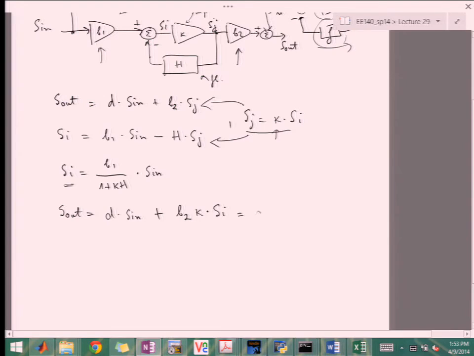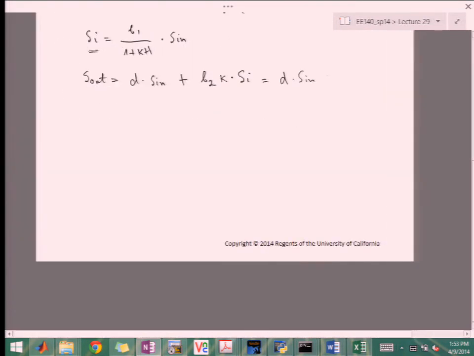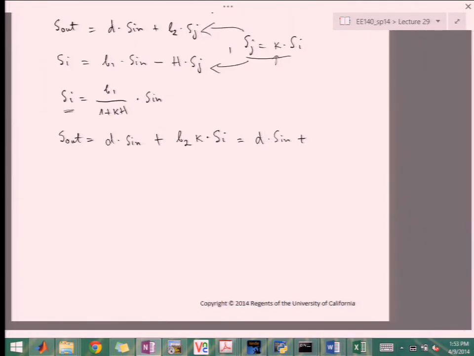So this is D times Sin plus B1 K B2 over 1 plus KH times Sin. So now we have our closed loop gain, which is Sout over Sin.